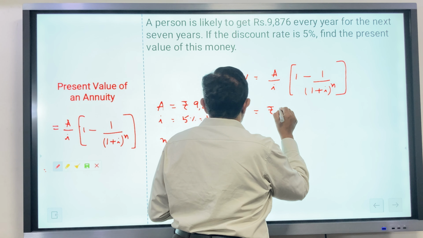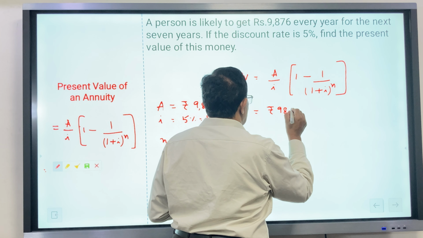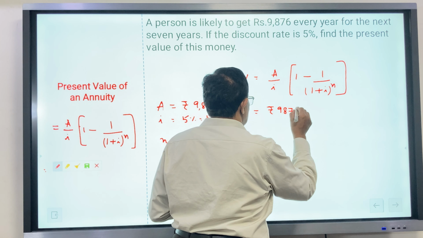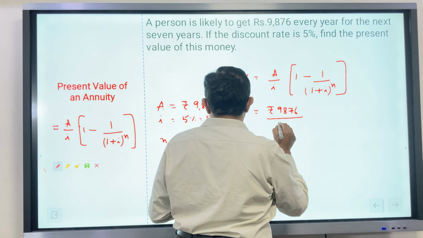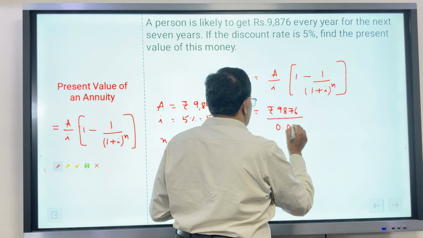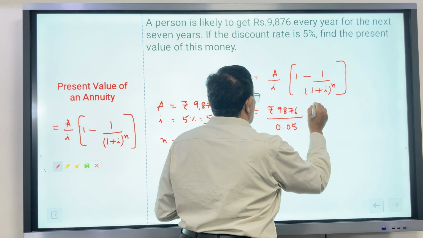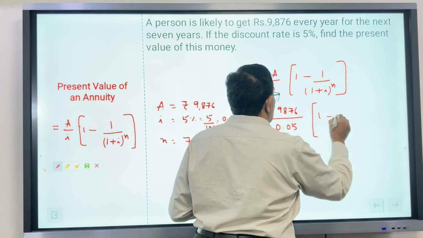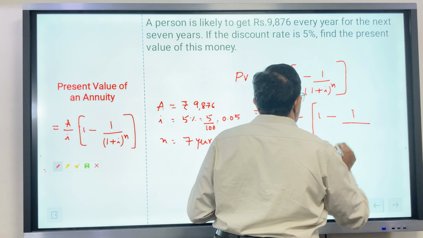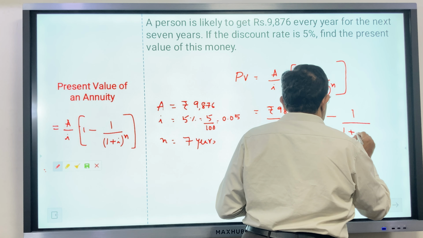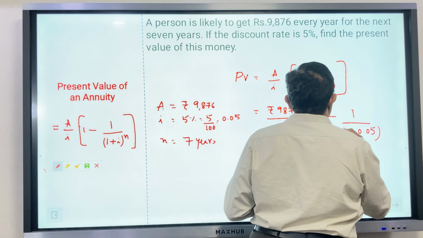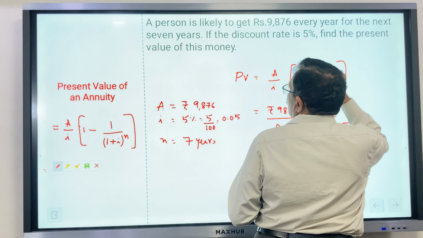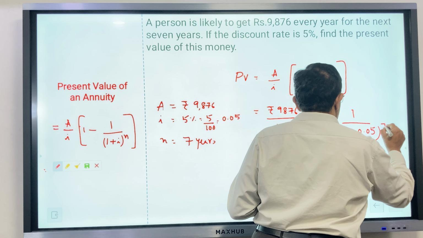Rupees 9,876 divided by 0.05 multiplied by 1 minus 1 divided by (1 plus 0.05) whole to the power of how many years? 7 years.